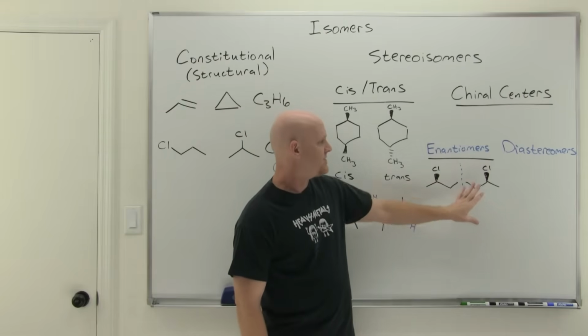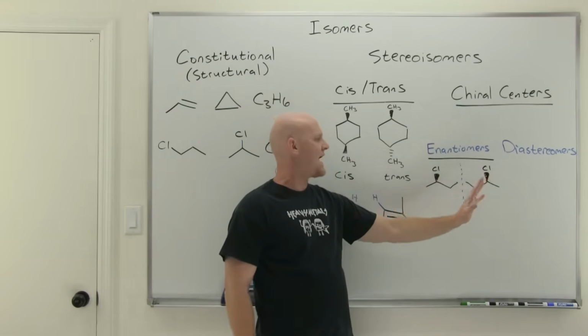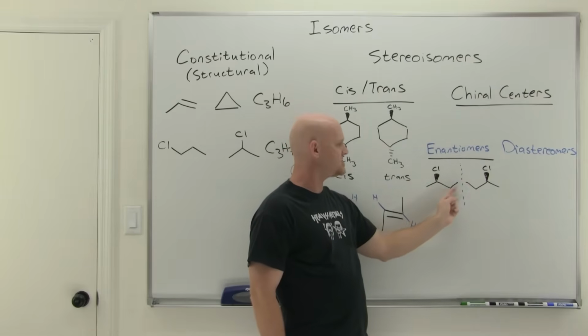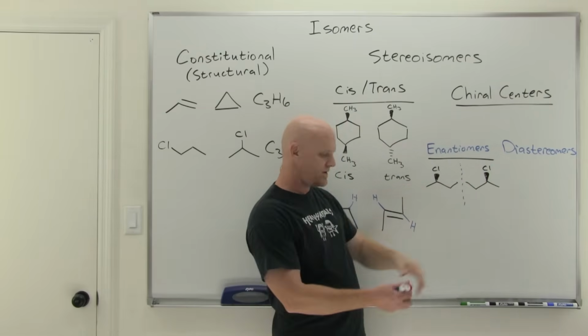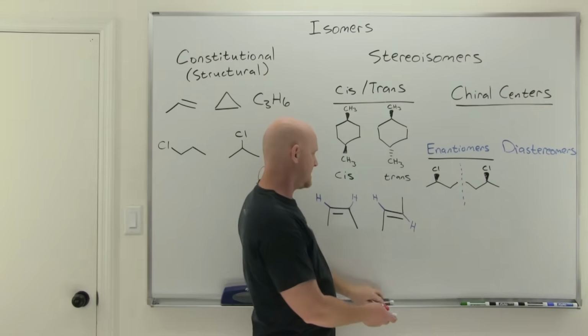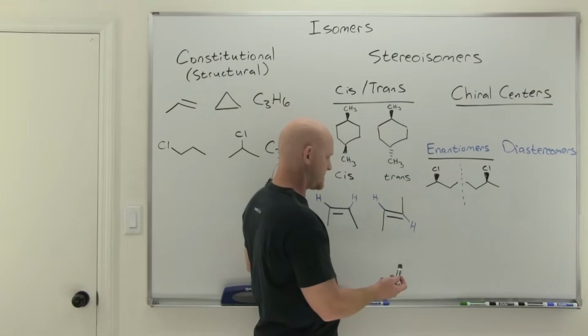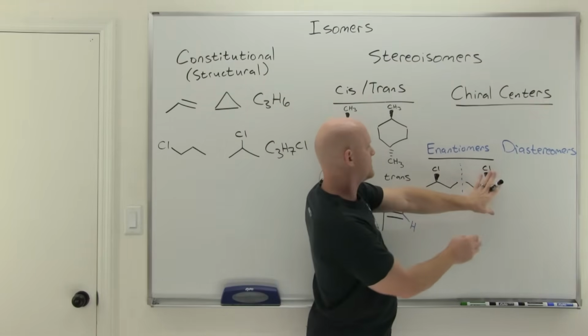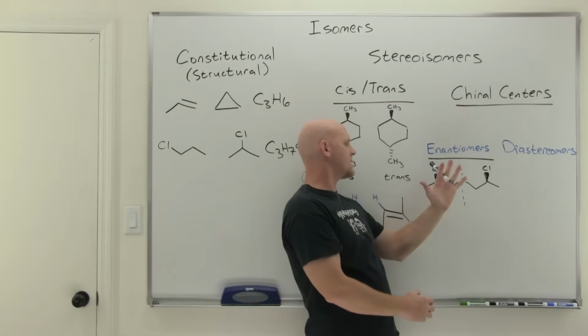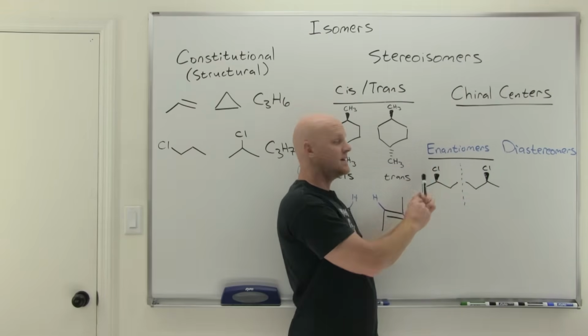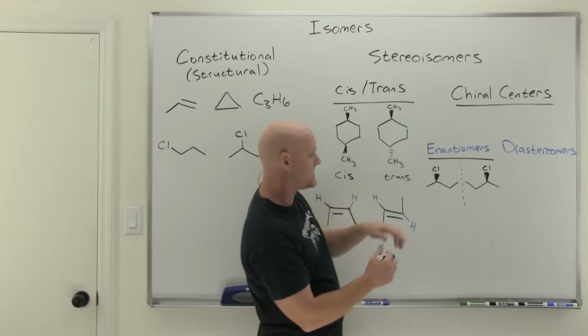However, if you rotated this one around to try and line up the carbon chain, by flipping it over, notice right now that chlorine is coming out of the board. By the time I flip the whole molecule over to line up the carbon chains, that chlorine would be going into the board.